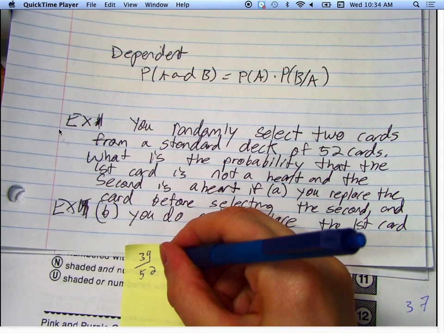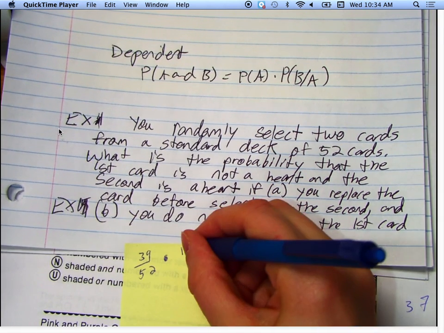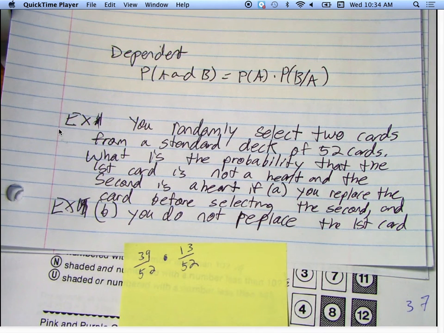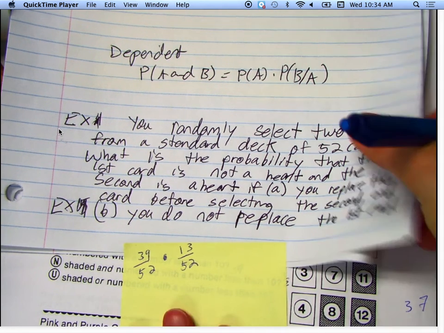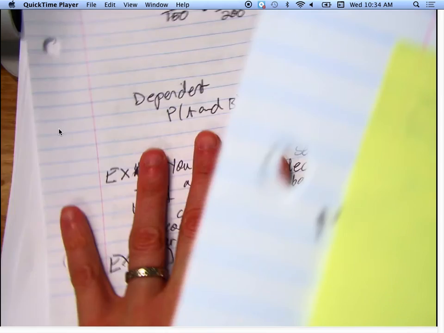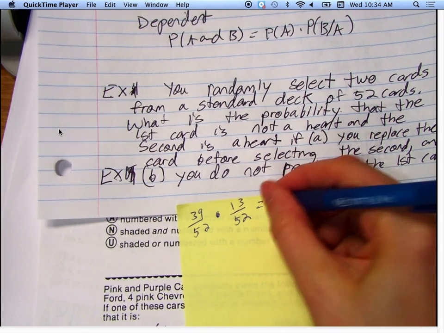Then the second card that we choose, we want to be a heart. So the probability is going to be 13 out of 52, correct? Okay, that's for A. And I get 3/16.